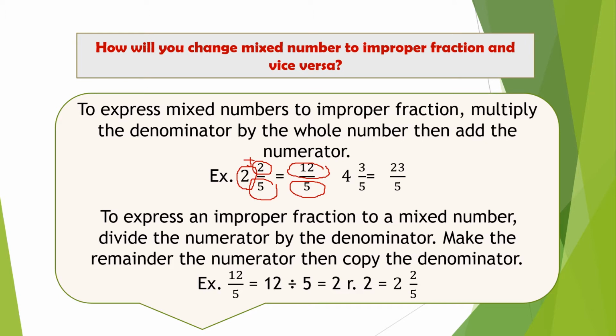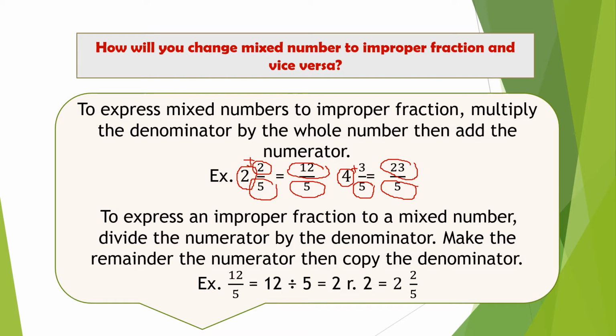Another example, 4 and 3/5. So 5, the denominator, multiplied by the whole number 4, the answer is 20, plus the numerator 3, that is equal to 23. Then copy the denominator 5, then the answer is 23 over 5.